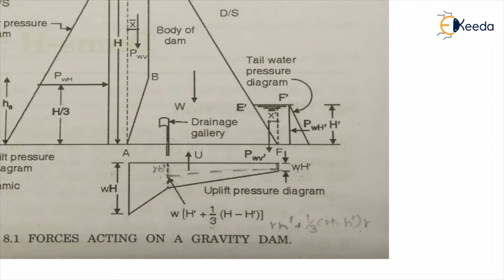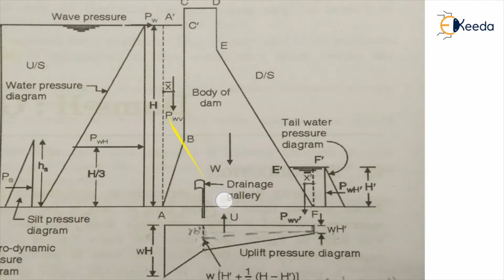You can see the arrow is in the upward direction. To remove this water, this gallery is provided in the body of the dam, and sometimes on the downstream side of the dam as well. So this is the uplift pressure.